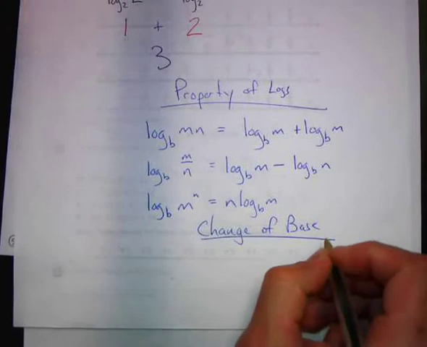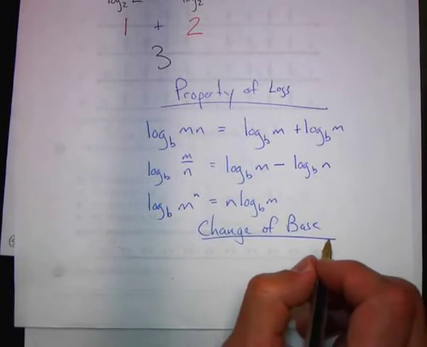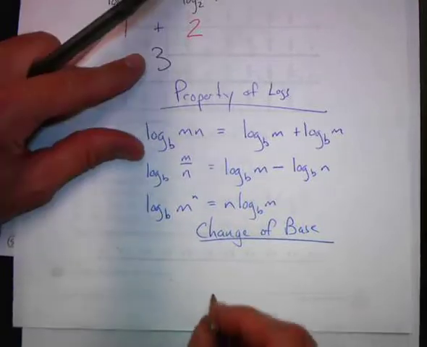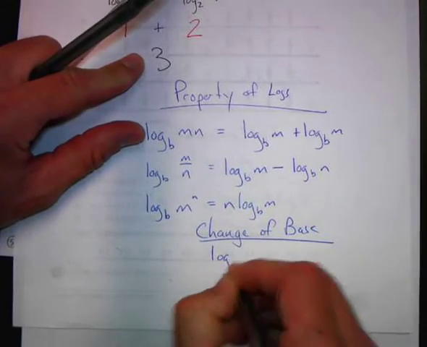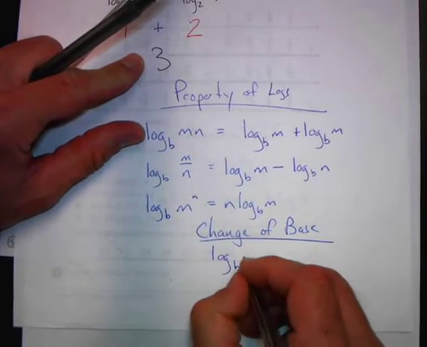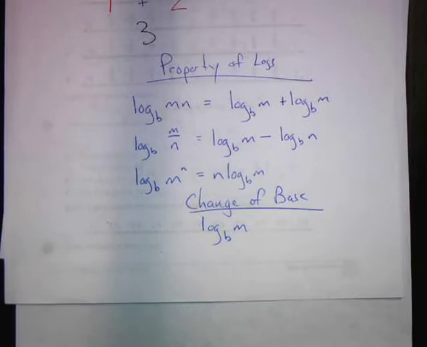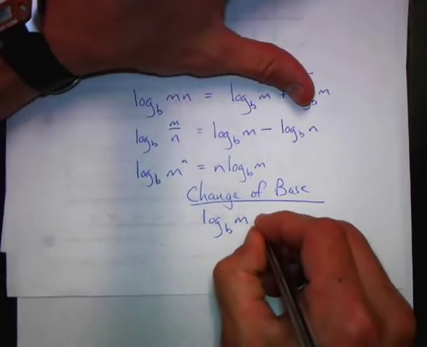If you have any logarithm with any base, really, it doesn't matter what base it is, so take log base b of m. You know what you can do? You can use the change of base formula. You can introduce a completely new base using this formula.